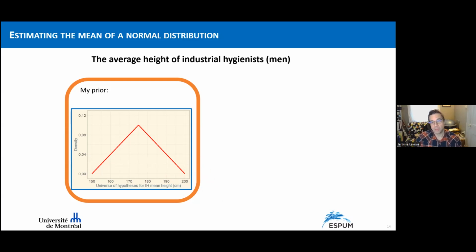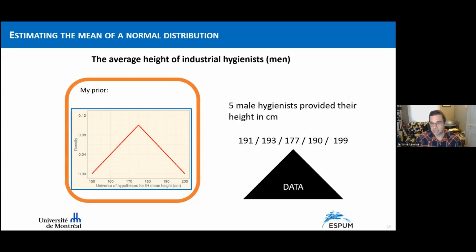So now we are having a look at the data itself. I interrogated 5 male colleagues in Canada, and they provided me with their own height. So my data is actually a sample of size 5 measurements. And you can see right away that my male hygienist colleagues seem to be fairly tall people.